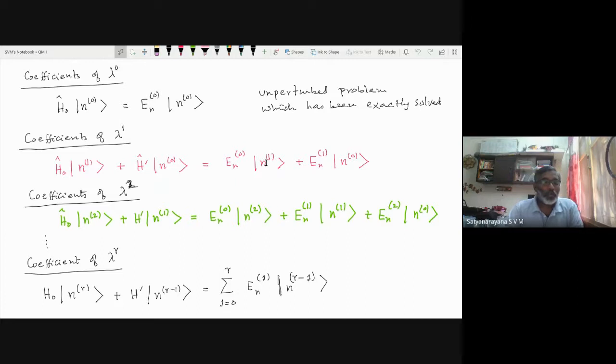Now we are going to evaluate the corrections to energies and states in a progressive manner. So for that, we will first use the coefficient of lambda power 1, because in that equation only I have the first order correction for energy and the first order correction for the state.